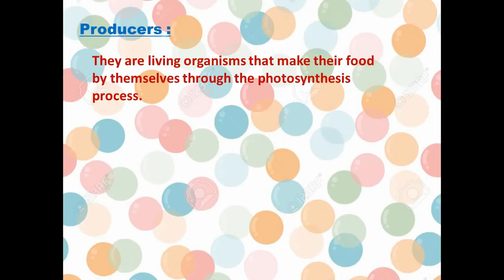Producers are living organisms that make their food by themselves through the photosynthesis process. We said before that plants are the only living organisms that can make their food by themselves, as they have chloroplasts, and the chloroplasts absorb the sunlight.